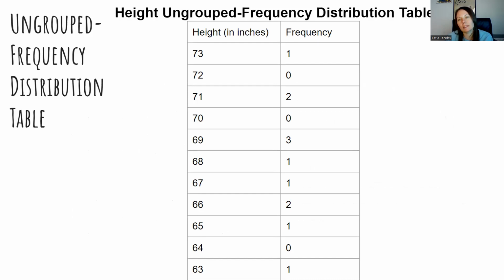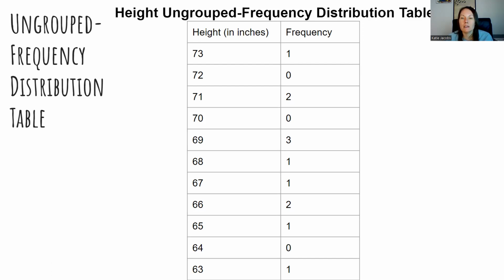In the right column, we see that it's labeled frequency. We see that we have a title up at the top that says height ungrouped frequency distribution table. And then we see that we have the tallest height up in row 2, but the first row of our data set. And then it goes all the way down to the minimum value of our data set, which was 63.